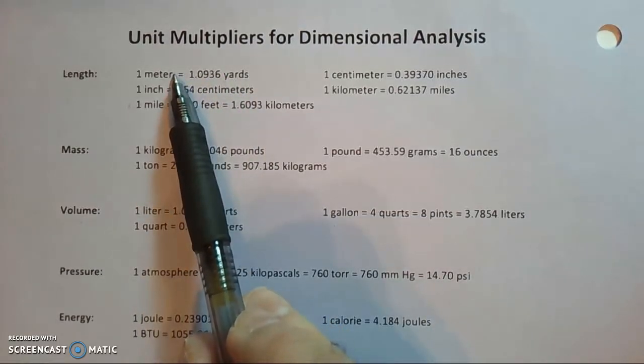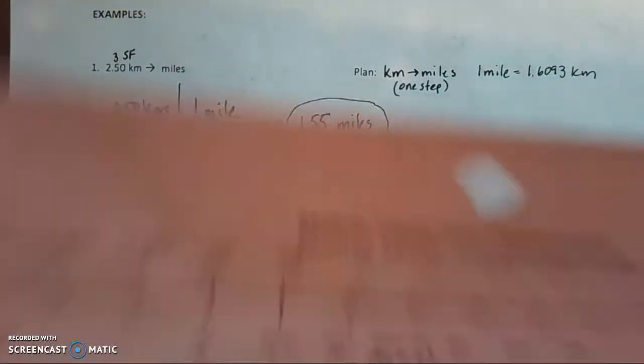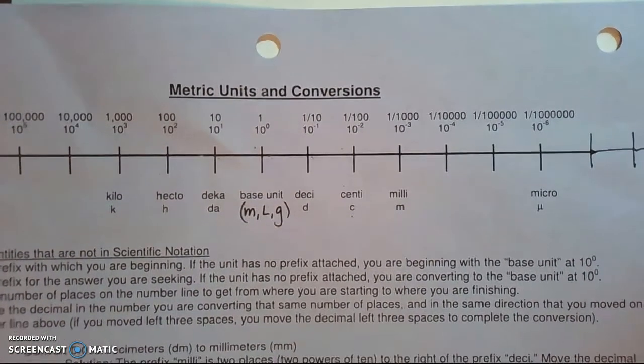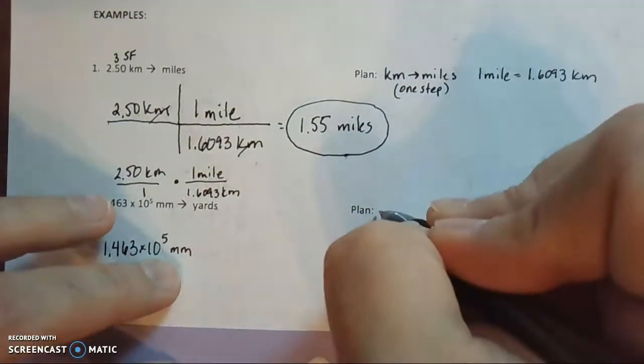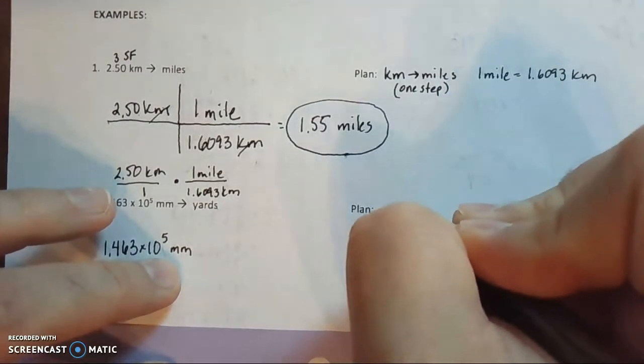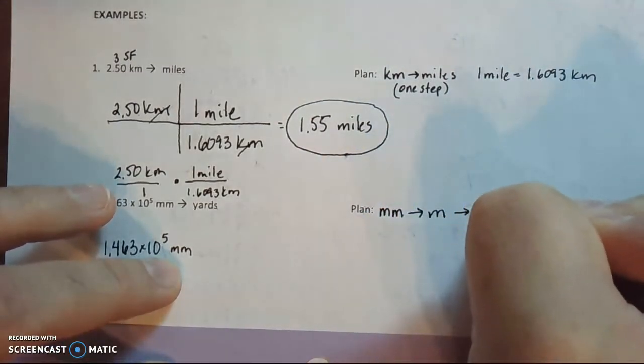But we can easily convert from millimeters to meters using this side, something that we've already learned. So our plan is we're going to go from millimeters to meters and then to yards.